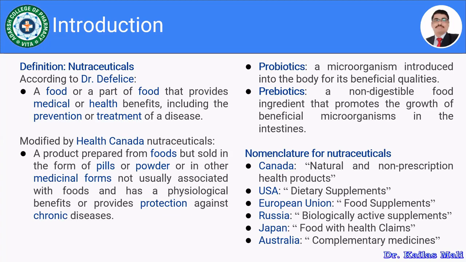No doubt, in both cases it acts as a nutraceutical. But Health Canada says that it is a product prepared from a food item but sold in the form of pills, powders, or other medicinal forms, not usually associated with food, and has a physiological benefit or provides protection against chronic diseases. That is known as a nutraceutical.